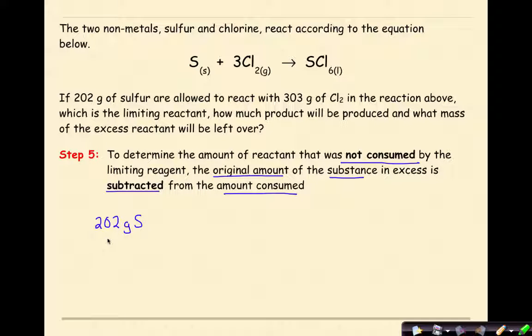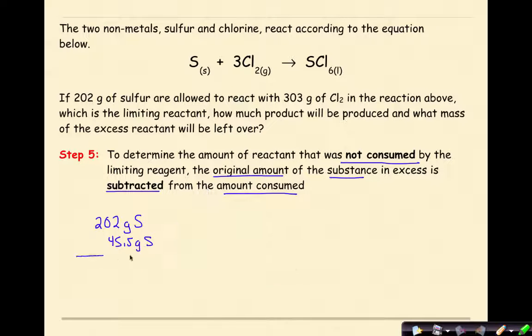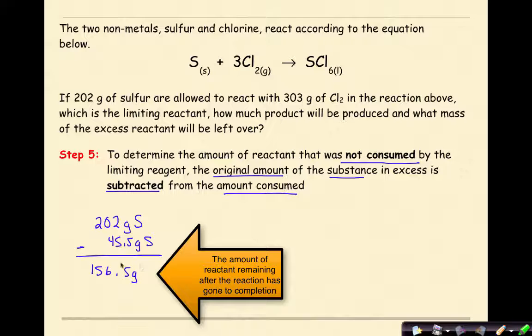The amount of sulfur consumed during this process was 45.5 grams of sulfur. This is the amount that was actually consumed. If we subtract these two, we have 156.5 grams of sulfur remaining. This is the amount of sulfur in excess.